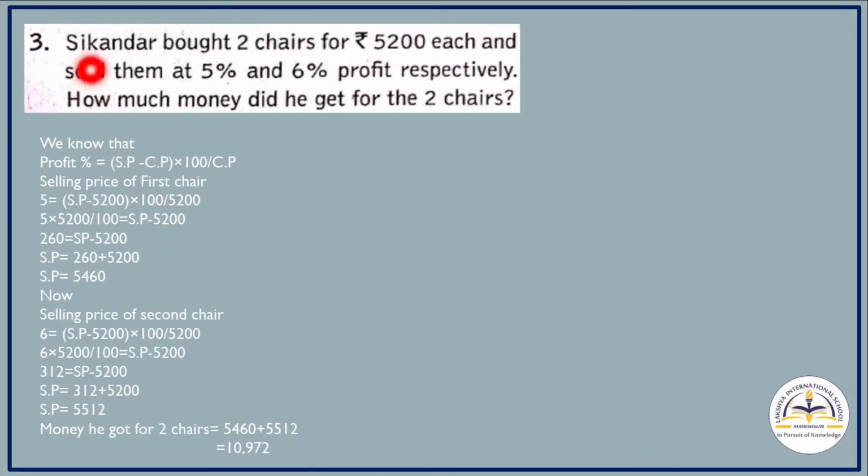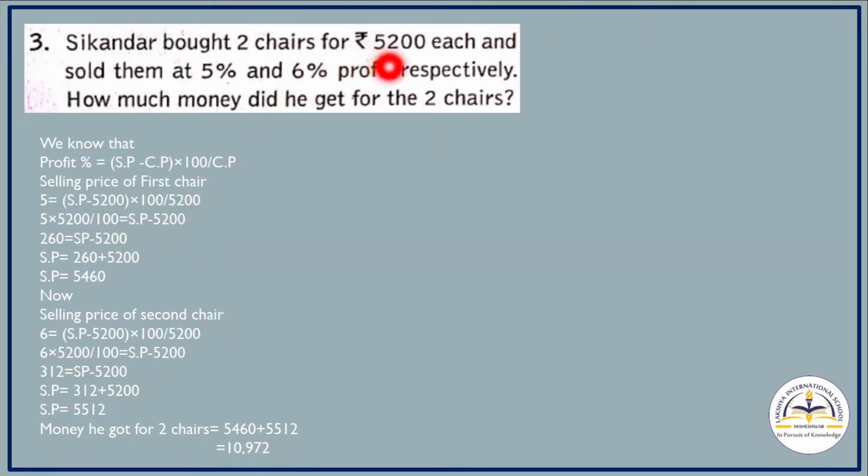Now in question number 3: Sikandar bought 2 chairs for rupees 5200 each and sold them at 5% and 6% profit respectively. How much money did he get for the 2 chairs? Two profit percentages are given here, so again we apply the same profit percentage formula and put in the values.